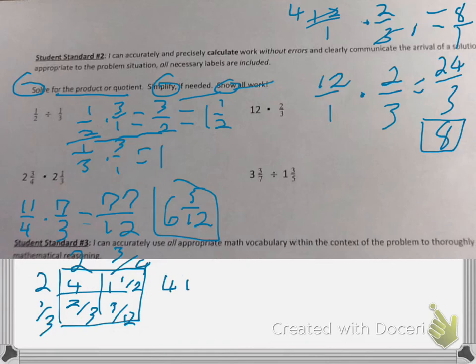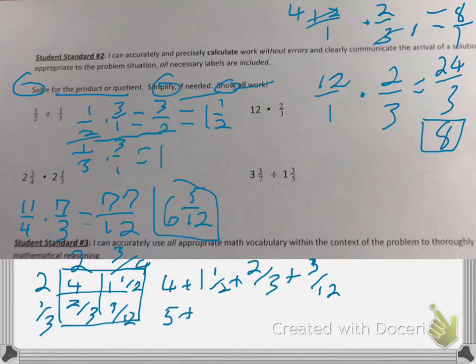So I have 4 plus 1 and 1/2 plus 2/3 plus 3 twelfths. I could simplify 3 twelfths to 1/4, but I'm just going to leave it there for now. So I can add my whole numbers together, so that'd be 5 plus 1/2 plus 2/3 plus 3 twelfths.